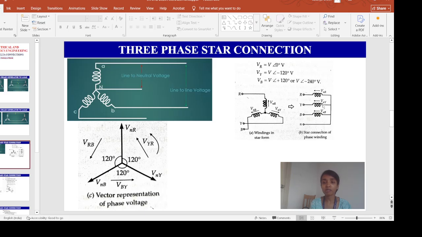These all are my phase voltages, and these VR, VY, VB are my line voltages. So this is a 3-phase 4-wire system. Three phase wires we have, along with that neutral wire in the star connection. That is why it is called a 3-phase 4-wire system.